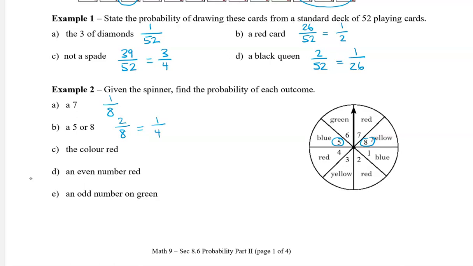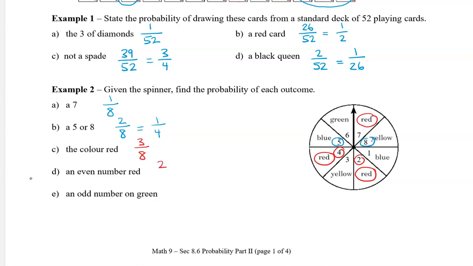All right, the next one is the color red. We have red here, and red here. So 3 pie pieces out of the 8 are red. Now the next one we want is an even red number. Out of these 3, we have the 2 and the 4. So this is even and red.